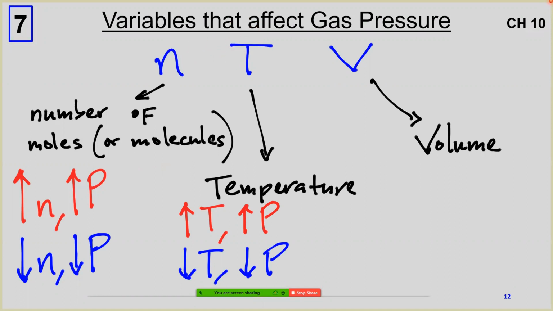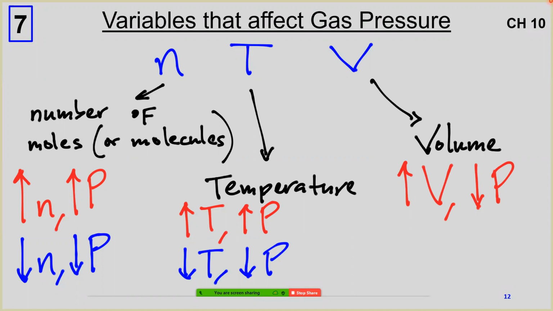Volume, on the other hand, is the reverse, right? They're inversely proportional. If you were to increase volume and keeping N and T the same here, then volume would change, right? So let's say that we increase volume, that would decrease pressure. Again, the reason why is because you're keeping N and T constant.